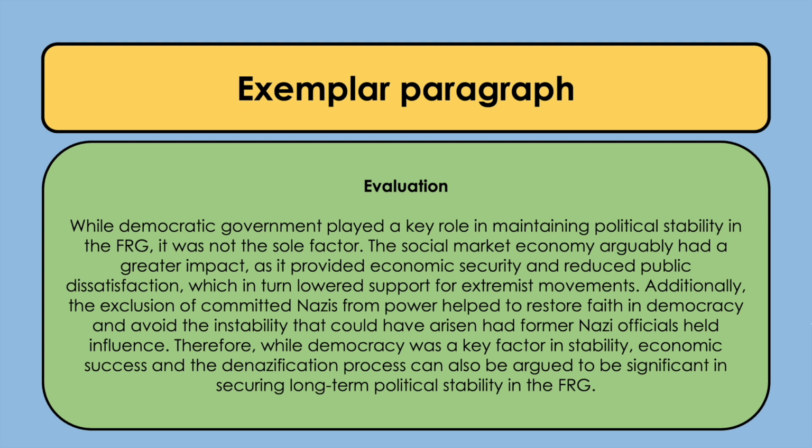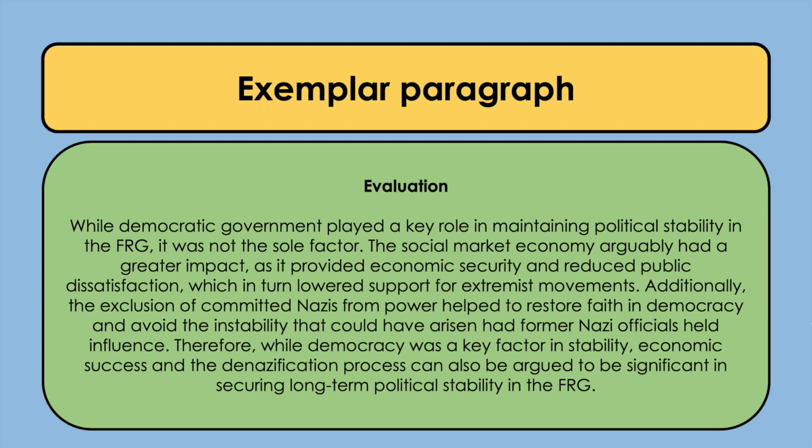While democratic government played a key role in maintaining political stability in the FRG, it was not the sole factor. The social market economy arguably had a greater impact, as it provided economic security and reduced public dissatisfaction, which in turn lowered support for extremist movements.